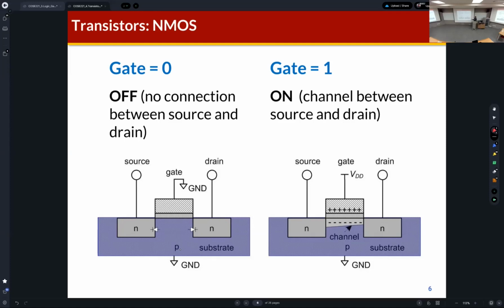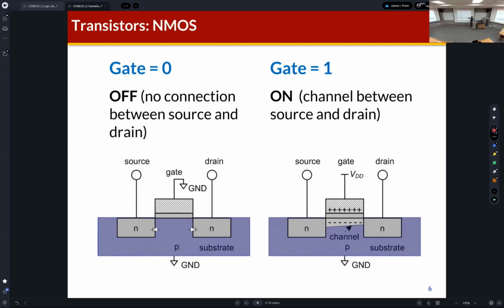So what is the channel? It means that this N well is connected to the other side N well via this channel. I frequently mention the channel width. Width represents the distance between this N well and this N well.